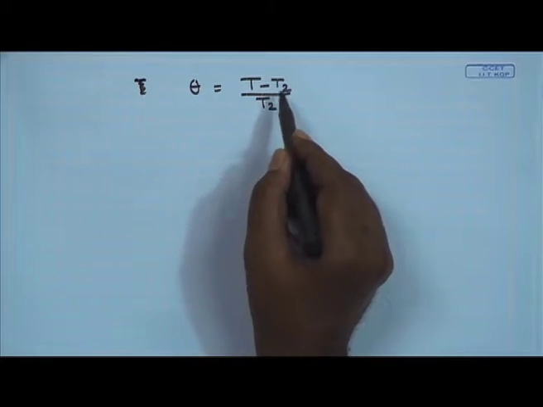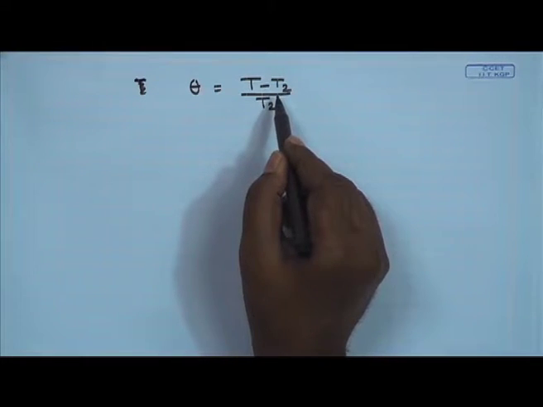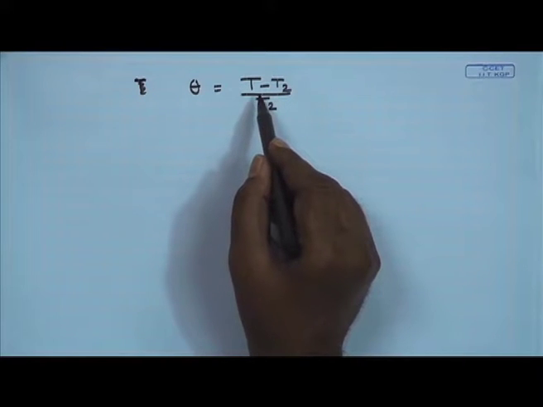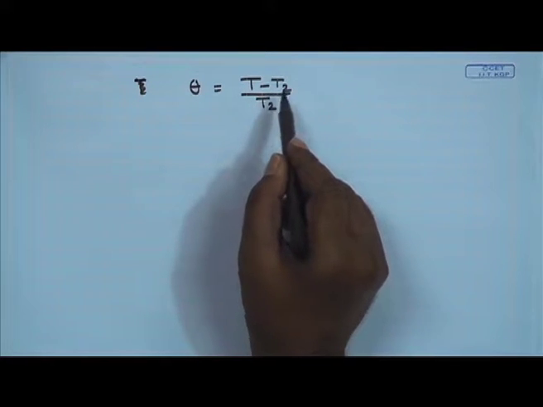But non-dimensionalization in terms of the initial temperature, T minus T naught divided by T2 or T1, should be avoided, because if we take a difference with respect to the initial temperature T minus T naught in the numerator, then that will make our initial condition 0, and it will make my problem ill-posed once again.